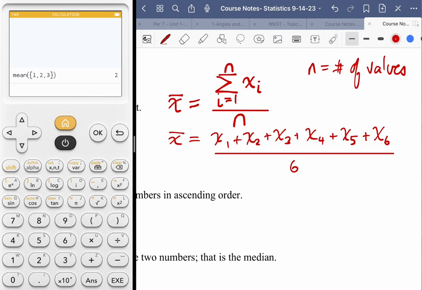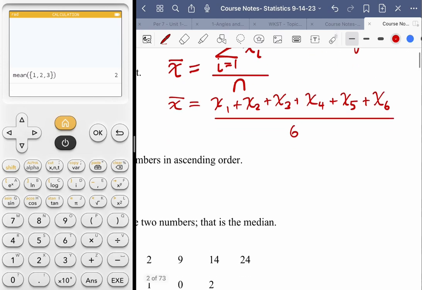So I would add whatever the value is for x sub 1 to whatever the value is for x sub 2. Instead of scrolling all over the place, I'm just going to look at this. So I'm going to take my 15.1.